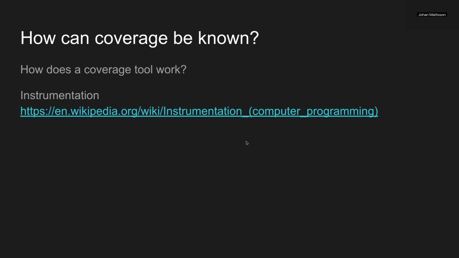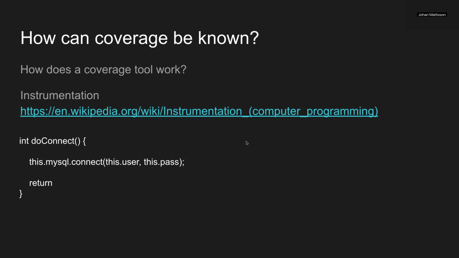Well, it uses something called instrumentation. If you want to, you can read the wiki page that we linked here. Basically, what we do is we inject code inside the code.